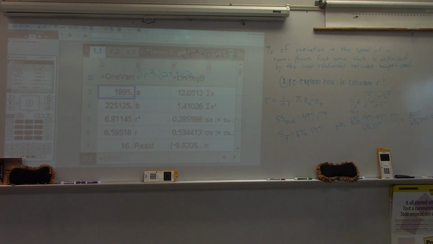So it is the percent of variation in the speed, the response variable, that is explained by the linear relationship. It's how much the sum of squares was reduced in comparison to the original sum of squares based on the average. We good with that? Questions, comments, concerns?